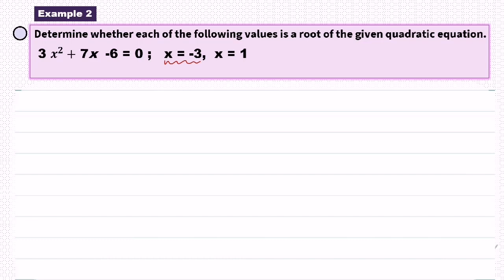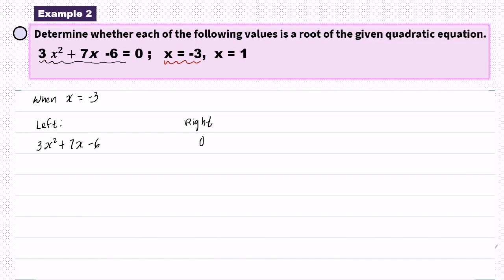So how to do it? When x equals negative 3, at the left hand side we have 3x squared plus 7x minus 6. At the right hand side we have 0.